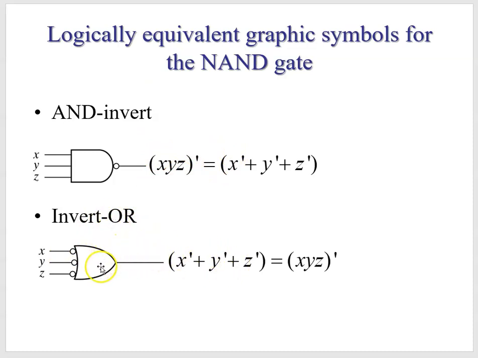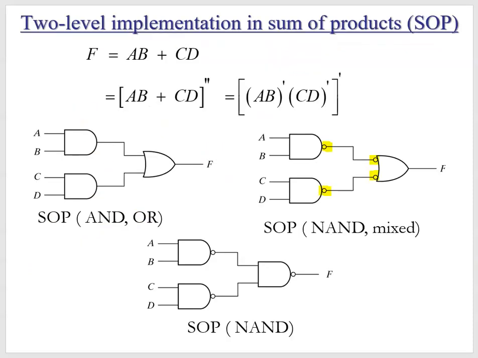So we have this equivalent symbol of an OR gate with bubbles at the input, and this is an equivalent symbol to the NAND gate. It's mixed notation if we use them both, but we can use this symbol to represent a NAND gate because an invert OR is equivalent to an AND invert, and that's shown here with our algebra.